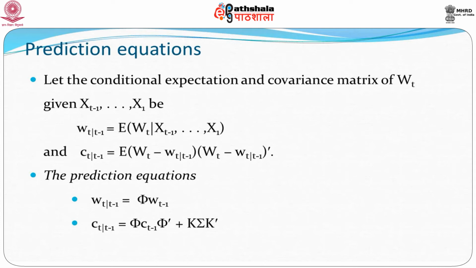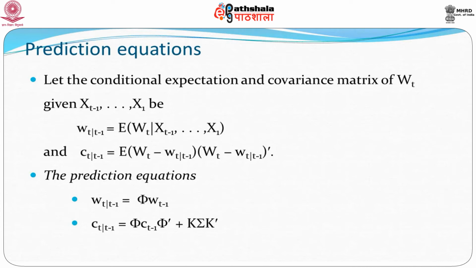This is again based on W t, and in that case it is easy to see that we can write W t given t minus 1 as phi of W t minus 1. Why is this so? What is W t given t minus 1? It is the expectation of W t given the past. But if x t minus 1 is given, then we can assume that phi of W t minus 1 is given.